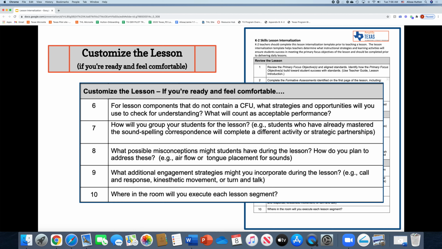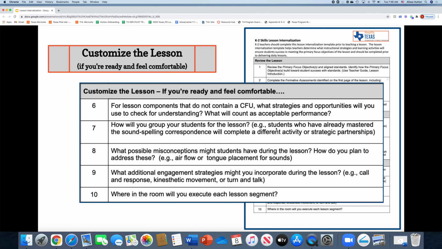Then also it's looking at grouping of students. So it could be from students who have already mastered that particular objective to students who need additional support. I already kind of made some notes about how I wanted to notate which kids I wanted to do those additional components, but you'll see I address this as well in a moment when we go back to the lesson.